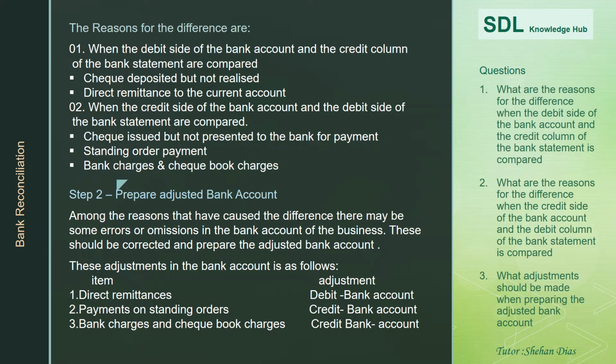So these adjustments will be as follows. Direct remittances which are not recorded should be recorded by debiting the bank account, and payment on standing orders which were also not recorded should be credited in the bank account. And finally, bank charges and checkbook charges which are also not recorded in the bank account of the organization should be credited to the bank account.